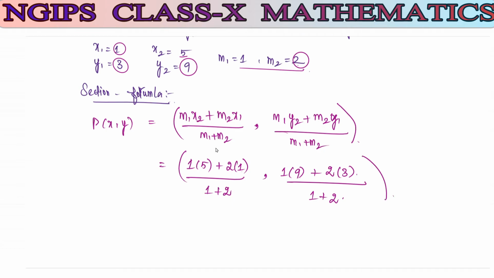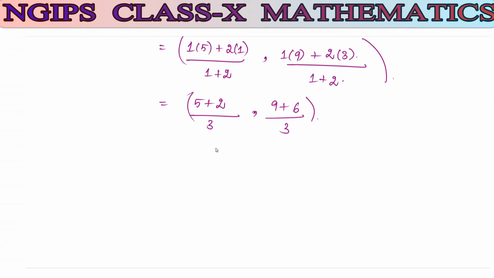Now simplify it. 1 fives are 5 plus 1 twos are 2, divided by 1 plus 2 which is 3, and 1 nines are 9 plus 2 threes are 6, divided by 3. Then adding, P of x comma y is equal to 5 plus 2 is 7 divided by 3, and 9 plus 6 is 15 divided by 3.